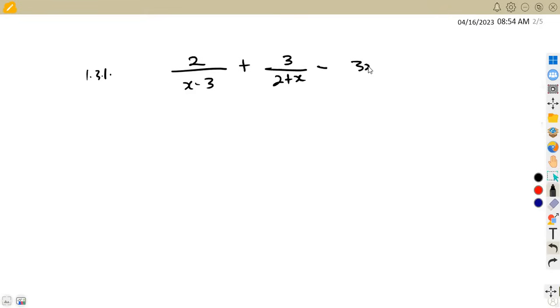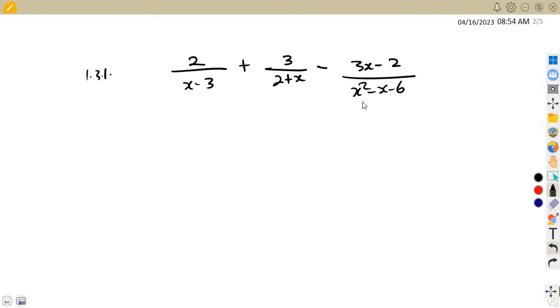All right, so I'm going to rewrite this side so that we can attempt this properly. 1.3.1. We are given 2 over x minus 3 plus 3 over 2 plus x minus 3x minus 2, everything over x squared minus x minus 6.